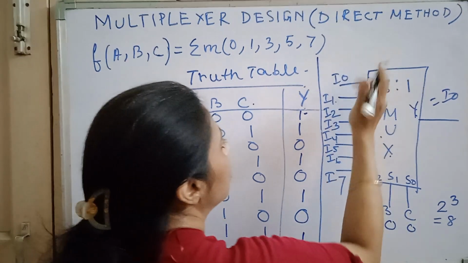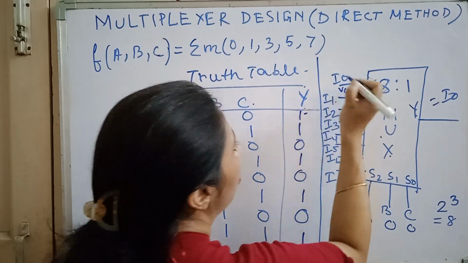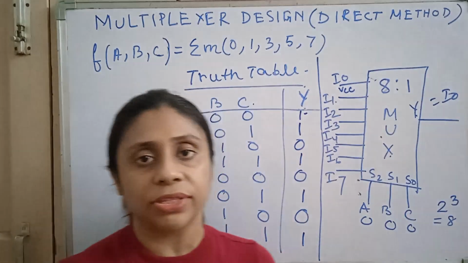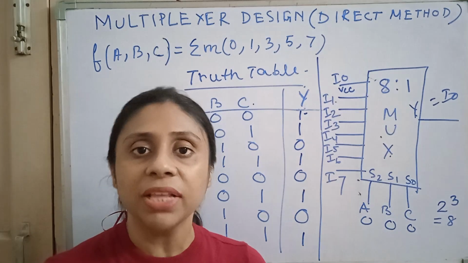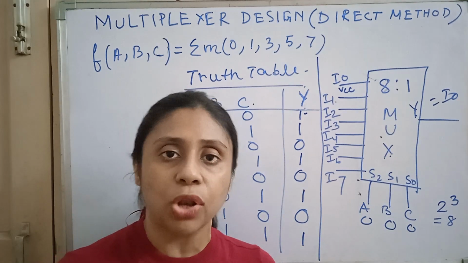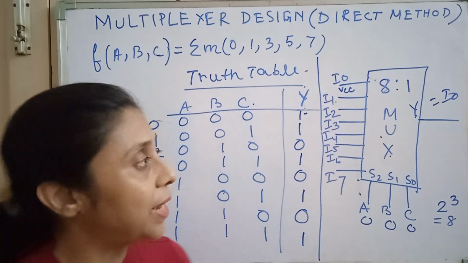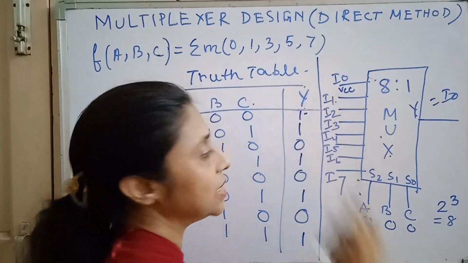So I0 is connected to VCC or logic 1. VCC means plus 5 volt in case of digital. So this is logic 1 and 0 volt means logic 0. VCC is plus 5 volt, that is logic 1. Right. So I0 is connected to VCC.